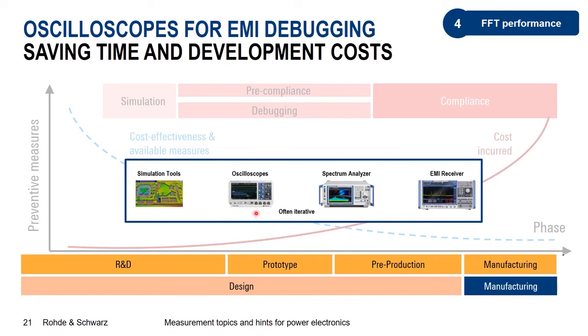You might have a spectrum analyzer in a pre-compliance setup that you use to make pre-compliance measurements. And of course, there has to be an EMI receiver, maybe in your own EMI chamber, maybe at a test house, that you use at the end to make sure that your product is really compliant.